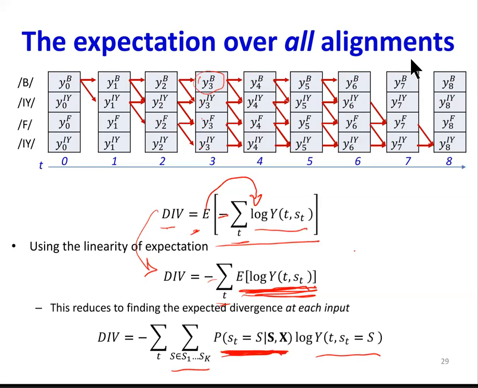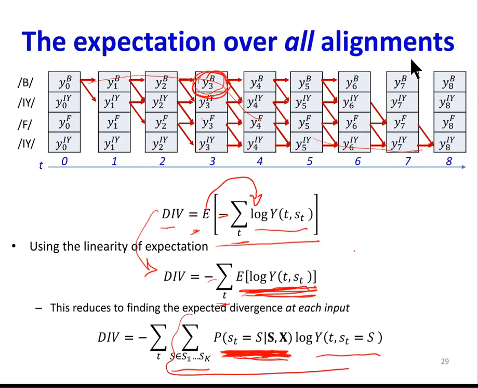So now, what is this term over here? This term says if I choose a random alignment through this table, through this graph, by drawing from the probability distribution over all alignments, what is the probability that that alignment goes through this node in the graph? That's what this means.